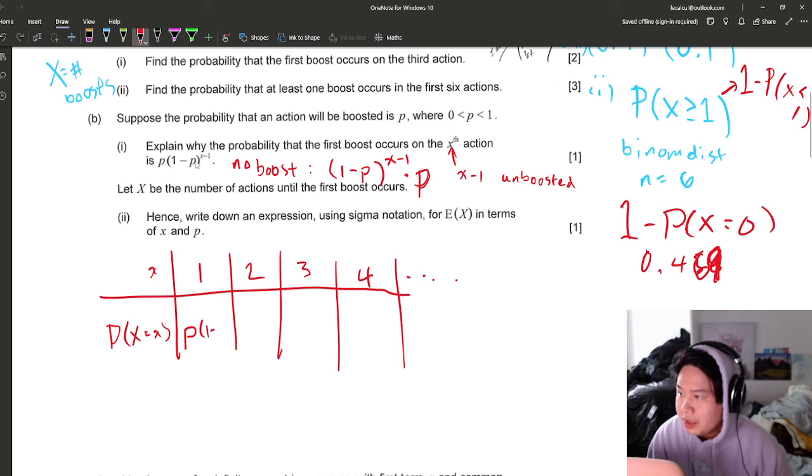And then you could just say P, but I'm just gonna write it all out. And then this one is P times (1 minus P) to the power of 1. And so on.